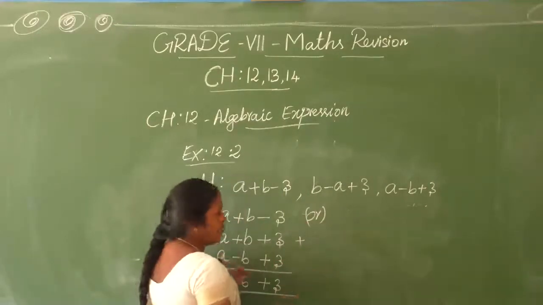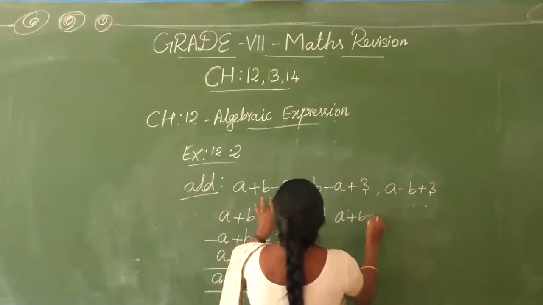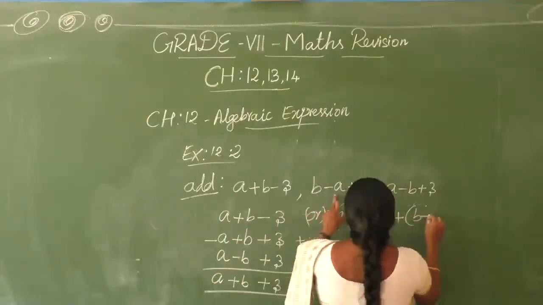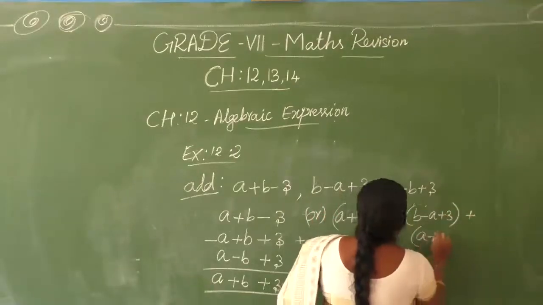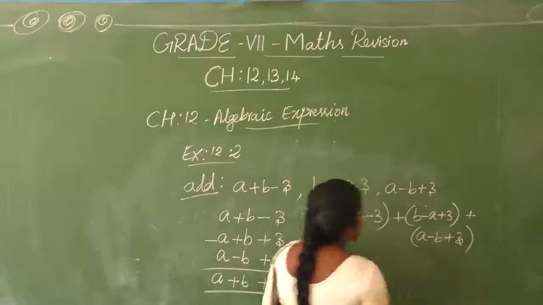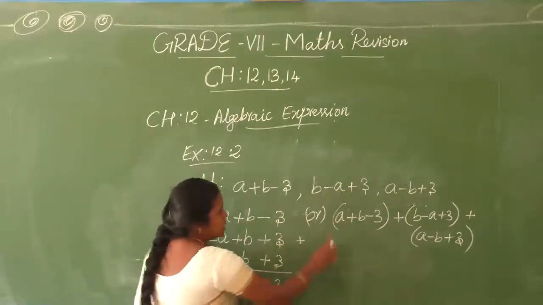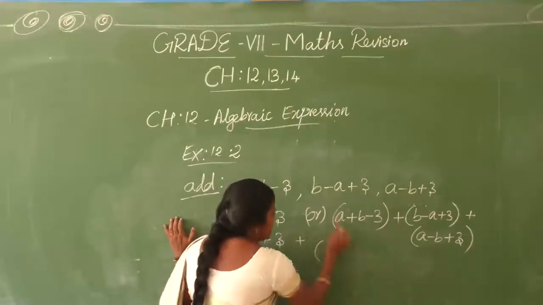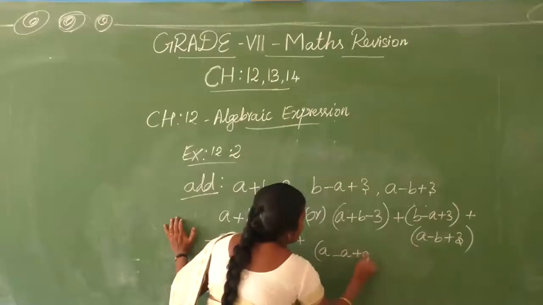Suppose horizontally you want to add, how to add? a plus b minus 3 plus b minus a plus 3 plus a minus b plus 3. Horizontal addition, any one method you can follow. See, here also the same procedure, combine like terms first. a in this group, minus a in this group, plus a.